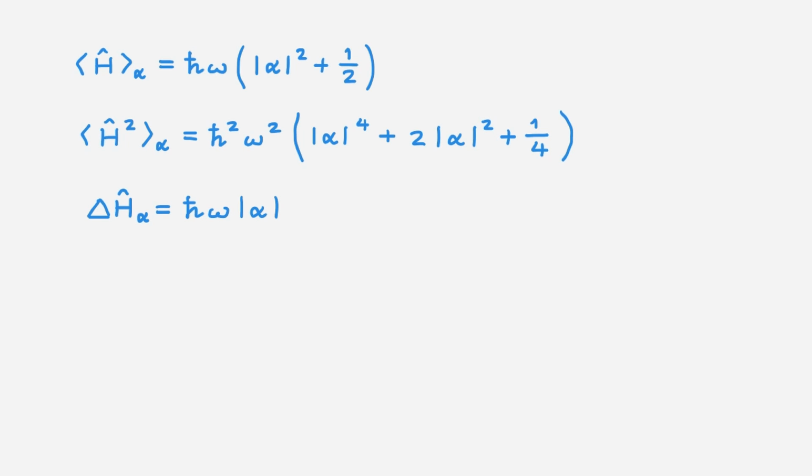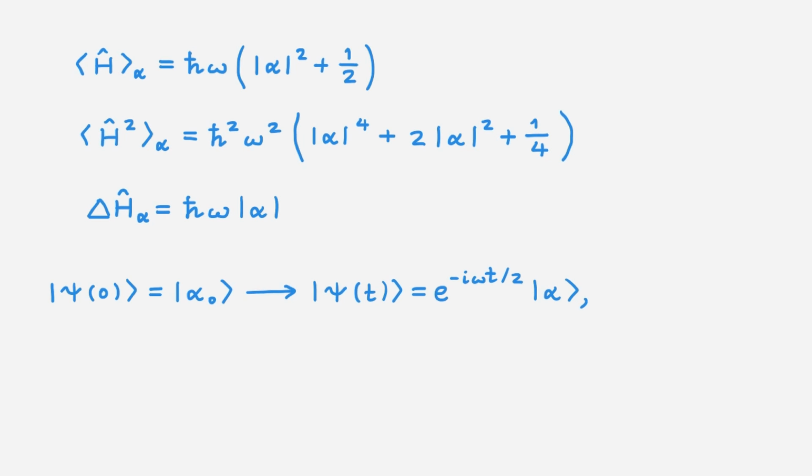We again consider the state of the system at time 0 to be the coherent state alpha 0, and we then know that the state of the system at a later time t is also proportional to a coherent state characterized by alpha, where alpha is equal to alpha 0 times this phase factor.